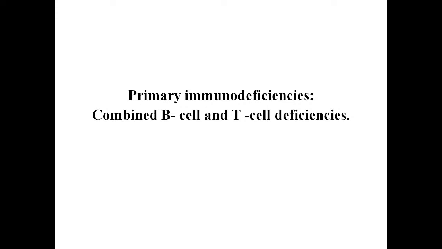If T cells are not produced, for example, if there are no T helpers, B cells are not activated, because B cells are activated by Th2. That's why there is another group of primary immune deficiencies. It's combined B cell and T cell deficiency.